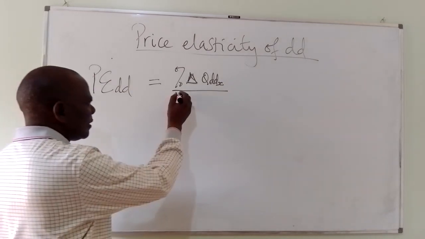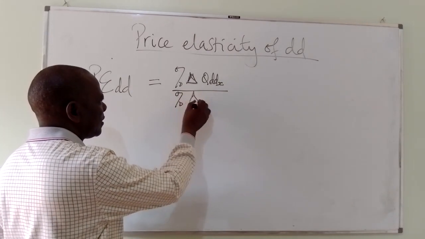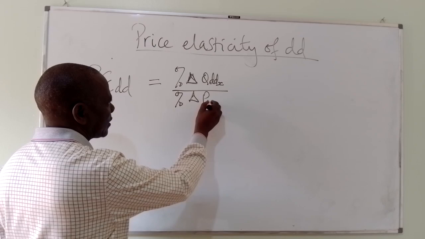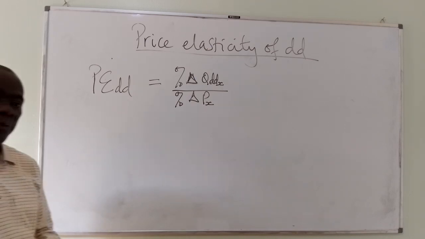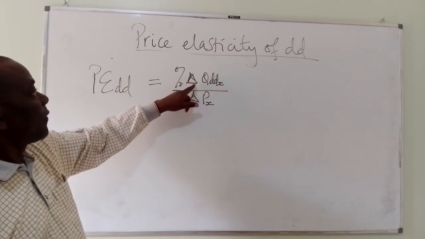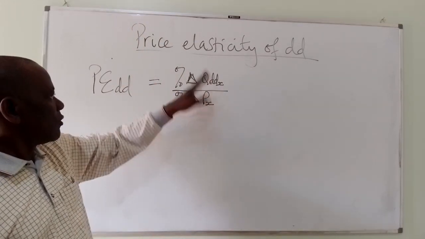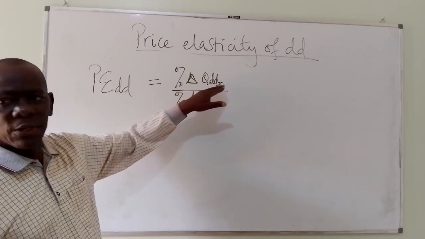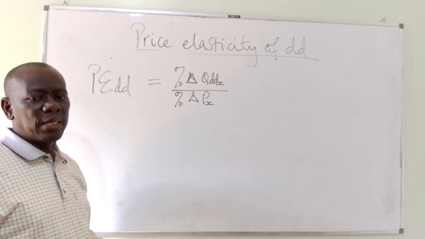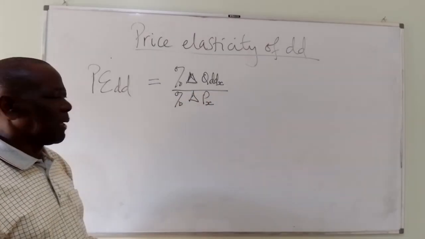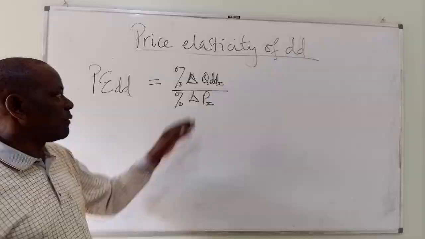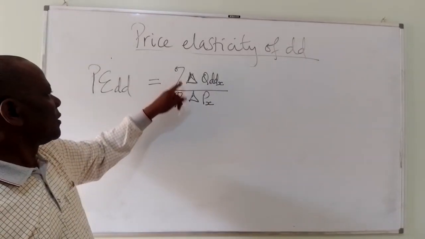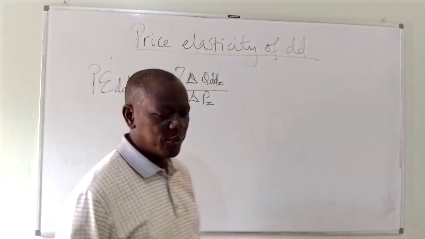And we look at the percentage change in the price of X. So this X is very important. It takes us to the definition that we have used, that it refers to the percentage change, or degree of change in the quantity demanded of the given commodity, which is X, as a result of the percentage change in the price of X. So it is this formula which we have to use.